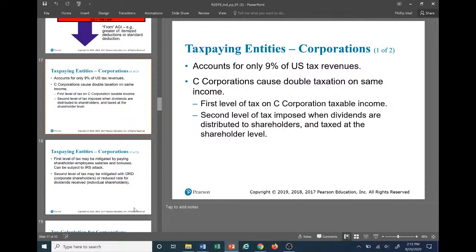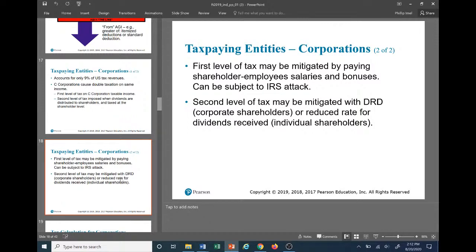So if they want to distribute those earnings to the shareholders, in order to get that money out of the company, that money has to be taxed again. So that's probably the single biggest pitfall or downfall of a C corporation, is they are subject to double taxation.